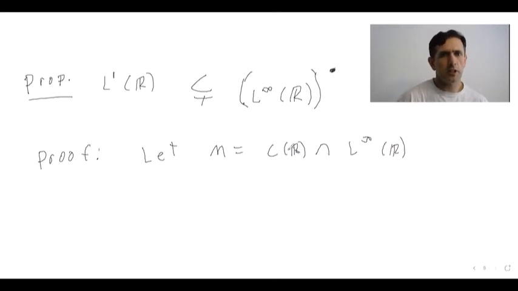So C(R) means just continuous functions on R. Let's define a very useful bounded linear functional on M, and that's just a Dirac delta functional. And that is just f of 0.